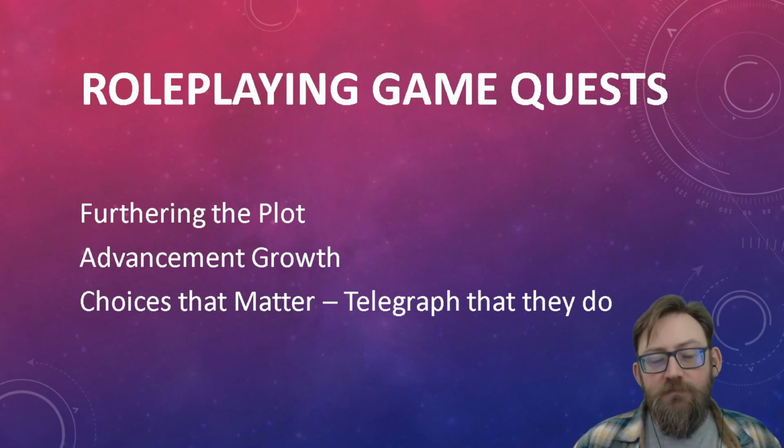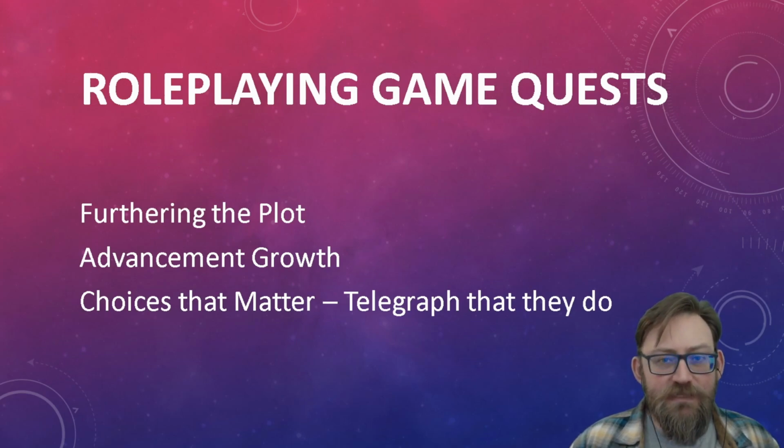That's one way of doing it, but that's more subtle. Maybe the quest says, go meet that person to turn in the quest, and it resolves with you finding that they're dead. Telegraph it well so that the player understands that there were consequences, or that their choice mattered.